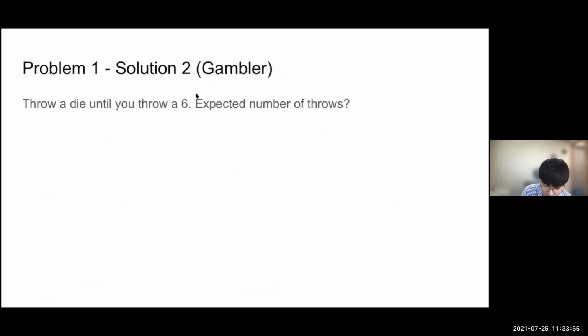So the solution utilizes gamblers and how gamblers can't make money in a zero-sum game, sort of. So a toy example might be: I am a gambler and I pay $1 to play the following game.